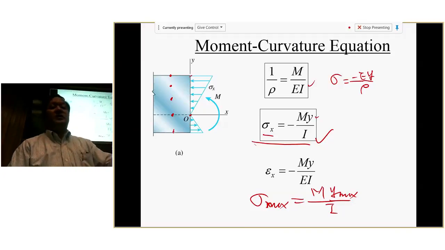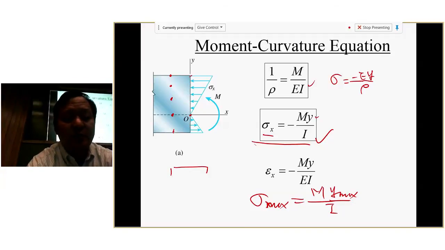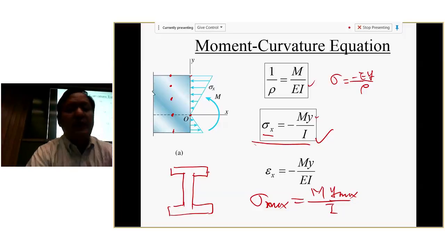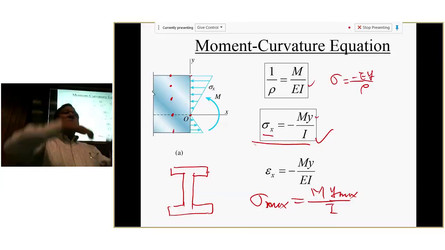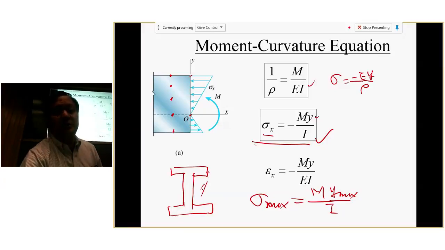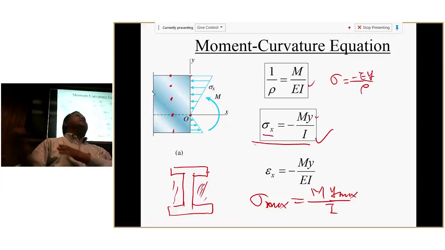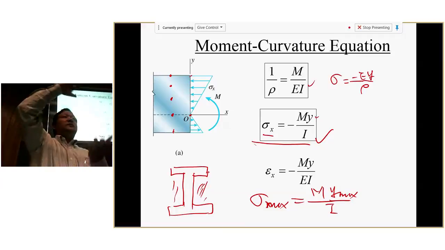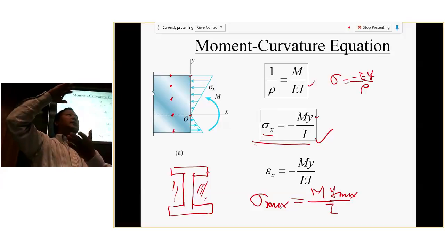Therefore, you see the I-beam, like in a rail. Why do they build it this way? Because they put most of the material at the top and bottom to resist bending, and you save material because you can cut it in the middle without losing much capability. That's why you see the I-beam used a lot as a beam.